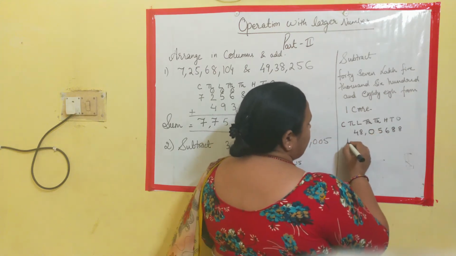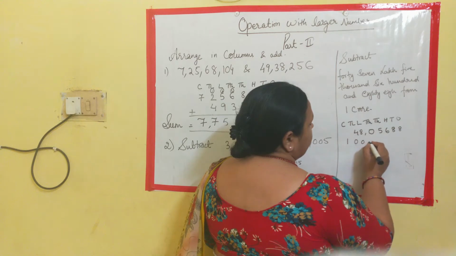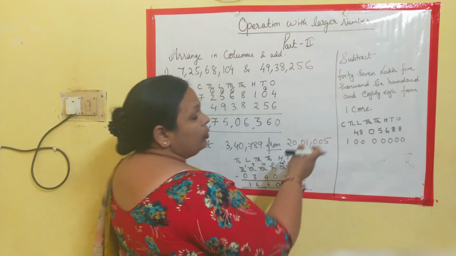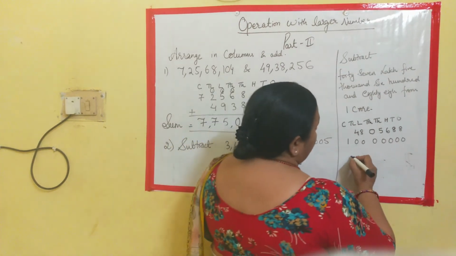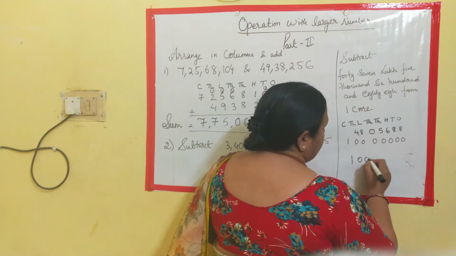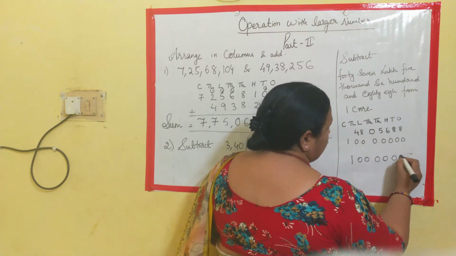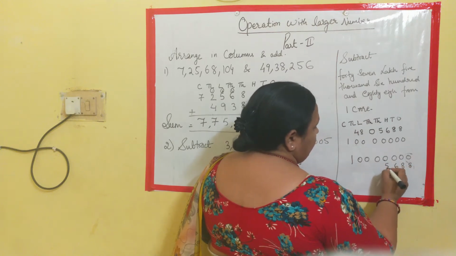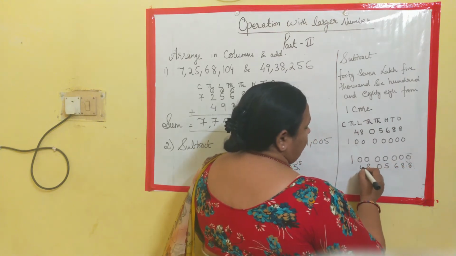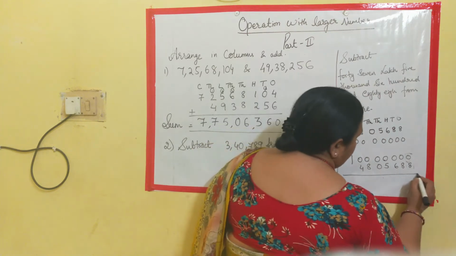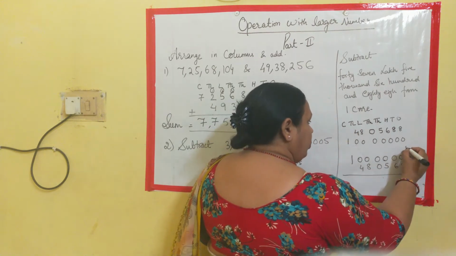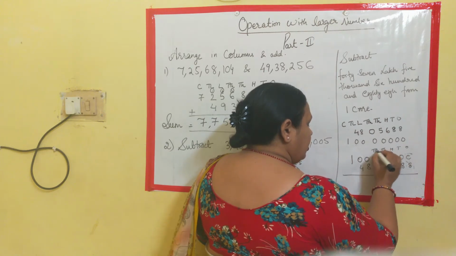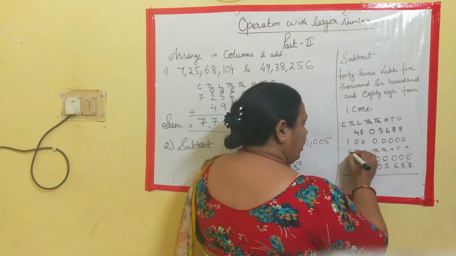And the other number is 1 crore. Clear? Now we know 1 crore is greater, so we mention 1 crore followed by 8, 8, 6, 5, 0, 8, 4. And we'll be subtracting the numbers, again with ones, tens, hundreds, thousand, 10,000, lakh, 10 lakh and crores.